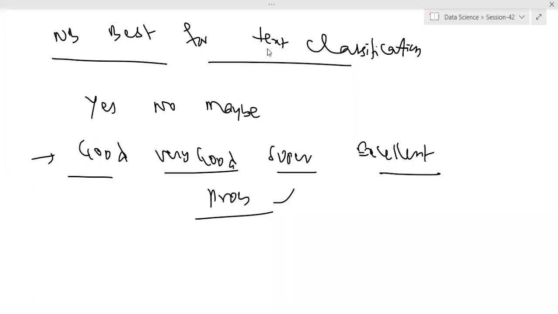Actually, let me take this out. So what is the key takeaway of this session? Can someone help me? It's in naive bayes. One minute, friends.